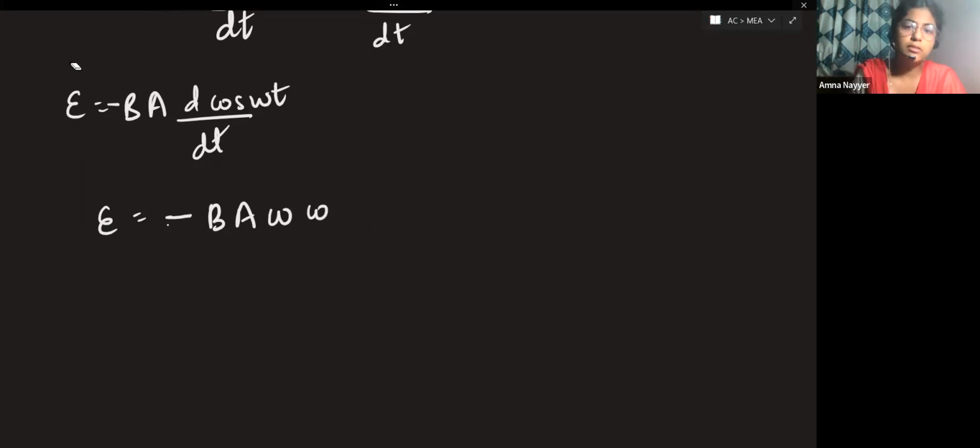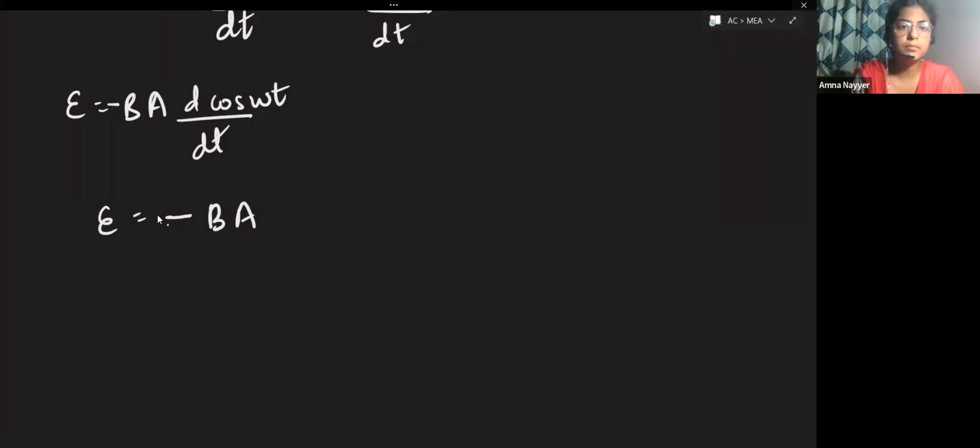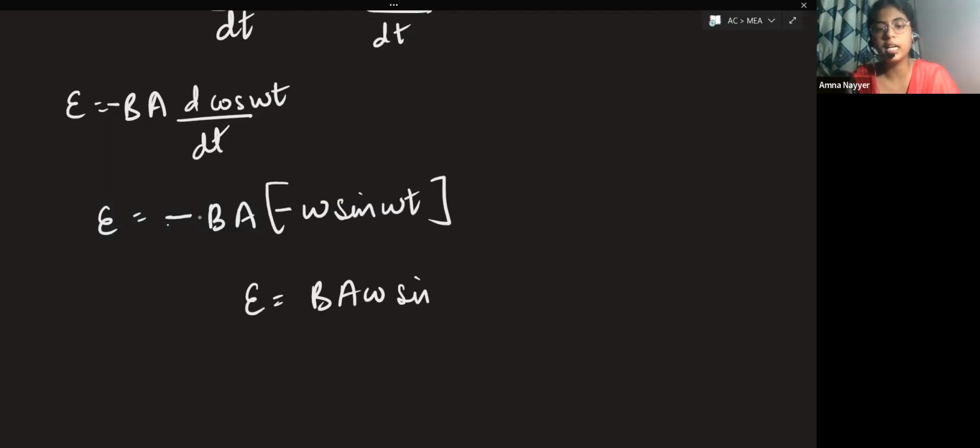Not cos theta, we'll be writing minus sin theta. So differentiation gives minus sin theta, so minus omega sin omega t. This is the differentiation of cos theta. So EMF becomes BA omega sin omega t.